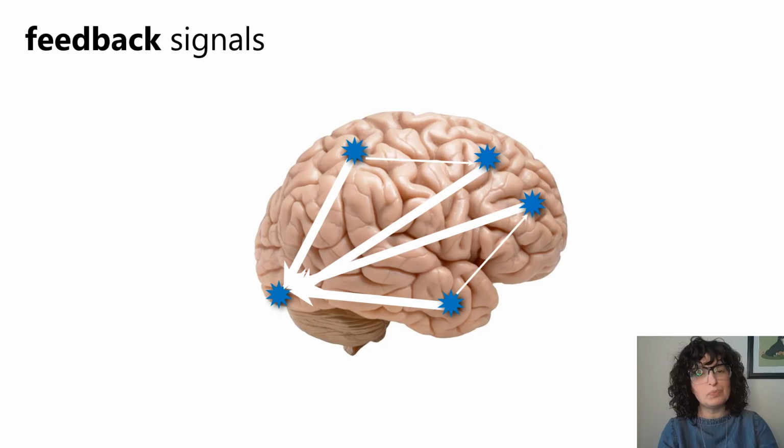It's as if the brain is taking in a little bit of information and then using what are called feedback signals, that top down signal from higher level areas into lower level areas. Those feedback signals are then essentially predicting what it is that we're likely experiencing.